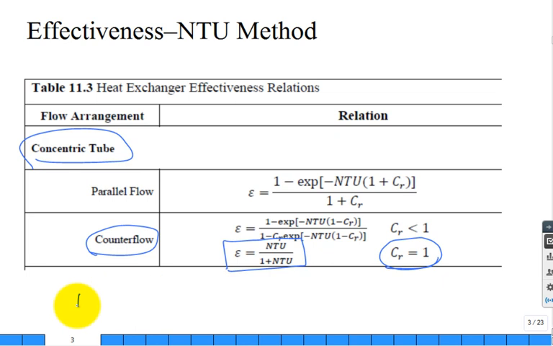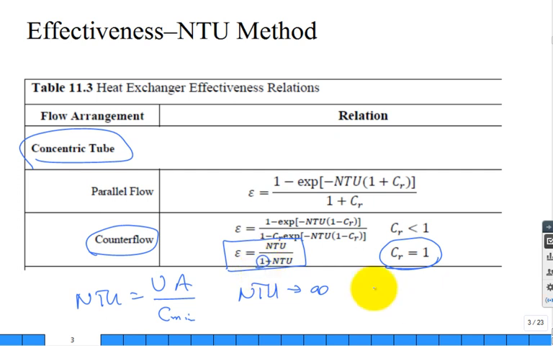Now, you say the number of transfer units is UA divided by the minimum heat capacity rate. For a very large or very long heat exchanger, what is A? Very large. What is NTU? Very large. So now if the NTU goes off to infinity, very large, or even just put in 1,000 or 10,000 or 20,000, 100,000, million for the NTU, and you'll see that, by adding 1 down here, it's negligible.